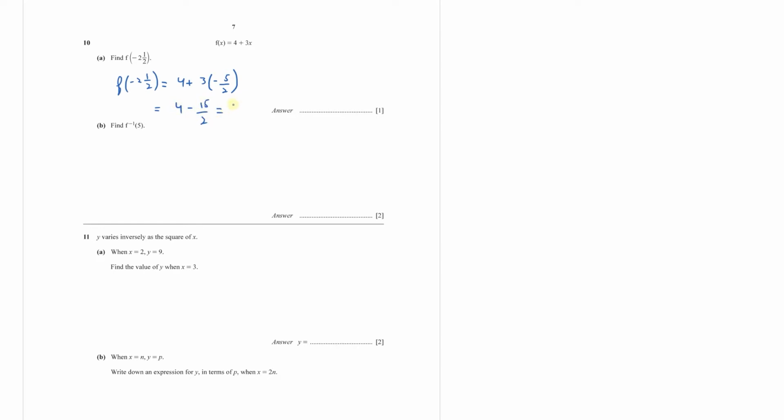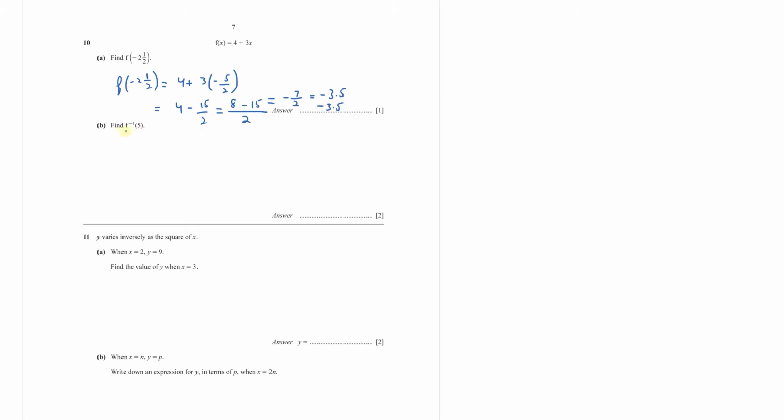Then you take the LCM, so 8 minus 15 by 2. And this is equal to negative 7 by 2, or negative 3.5. So your answer is minus 3.5.